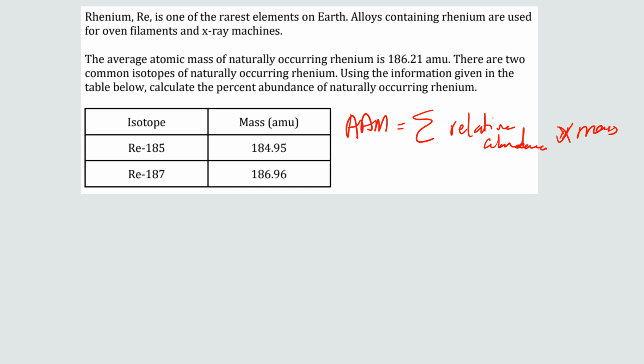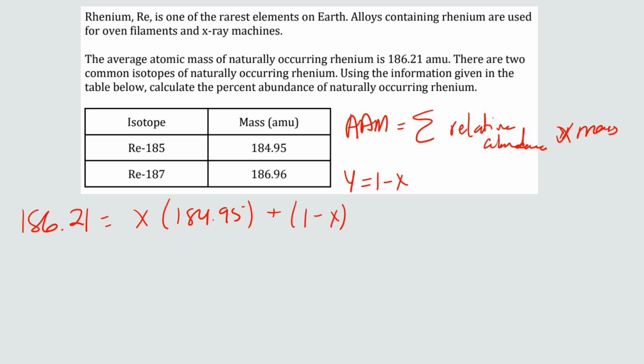So 186.21 equals X times 184.95. The X is going to be the decimal form of the percent that we're going to use to find later on. Plus, I'm going to preface this by saying Y equals 1 minus X. So 1 minus X times 186.96.